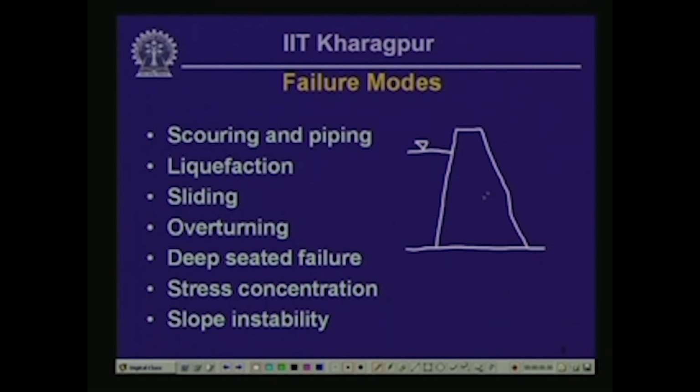So in case of sliding failure, we are going to have the dam sliding downstream like this, in this manner, and in case of overturning, what we are going to have is the dam tipping over in this manner.